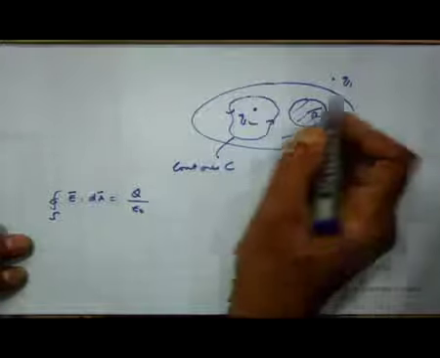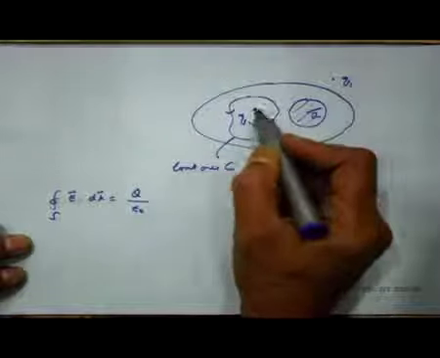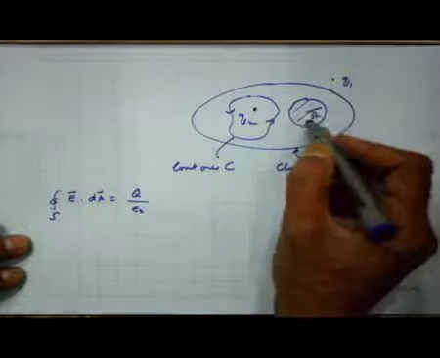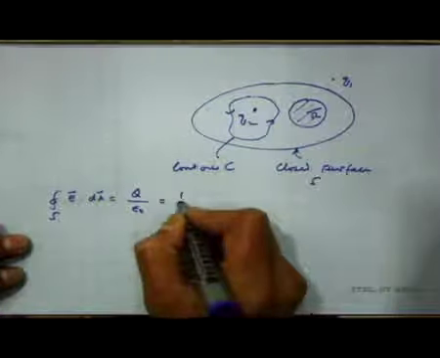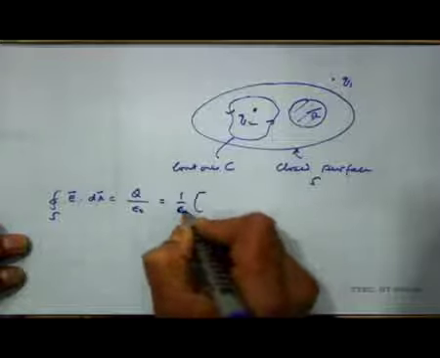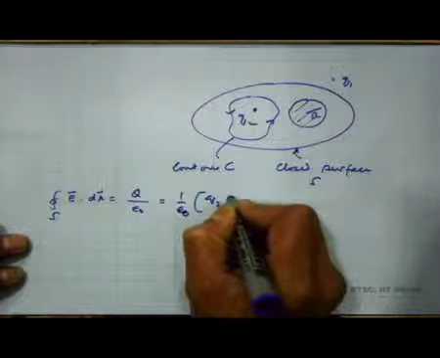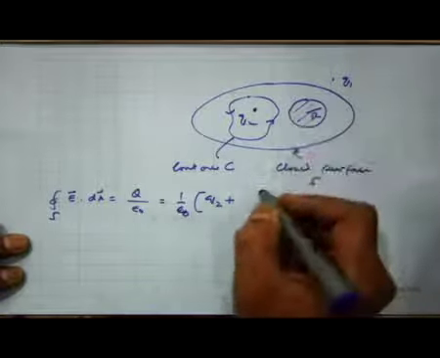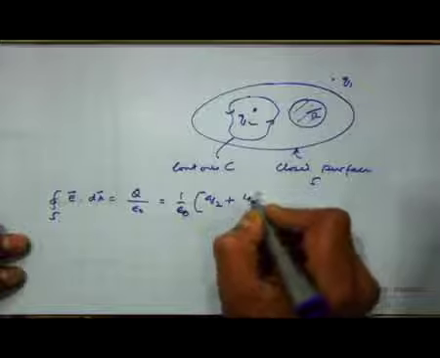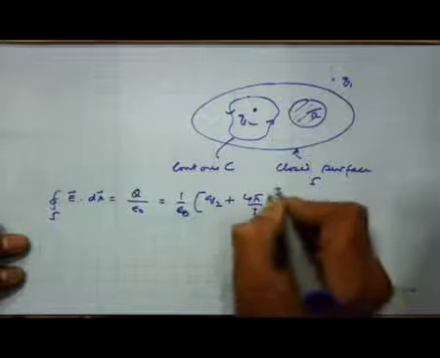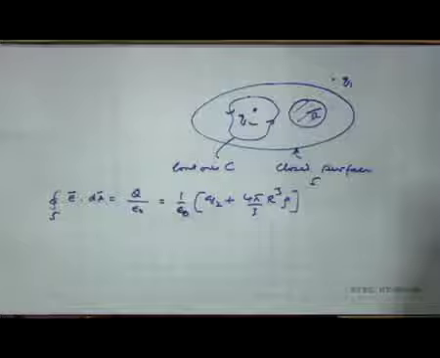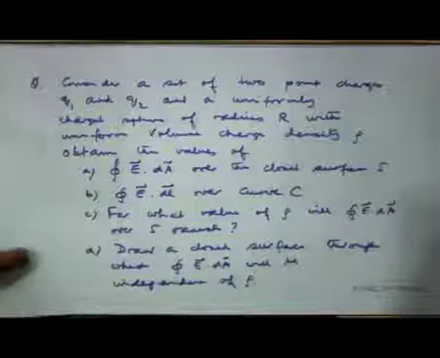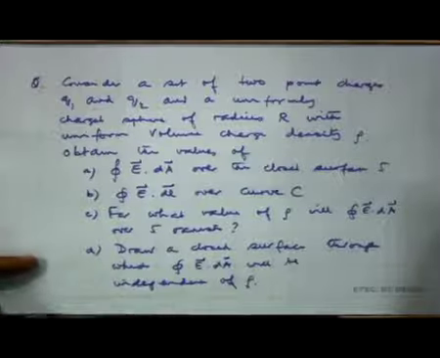The charge enclosed by the surface S includes the charge q2, and the entire charge contained in the sphere is also enclosed by surface S. So, this is nothing but 1 by epsilon 0 times q2 plus the total charge of this sphere, because the sphere is uniformly charged, 4 pi by 3 r cube rho. That must be the value of the electrostatic flux crossing the surface S.